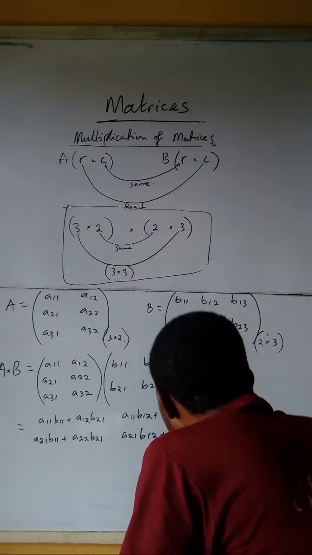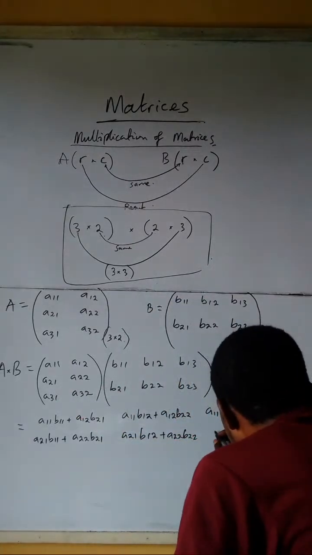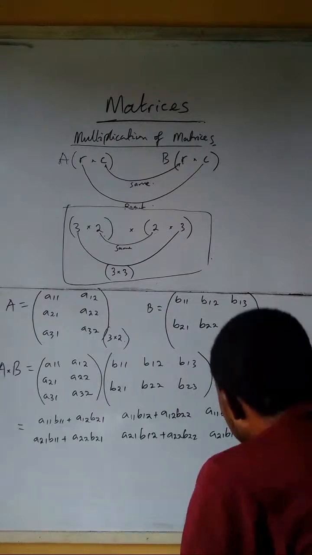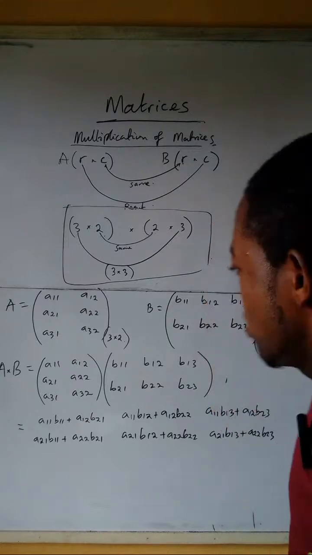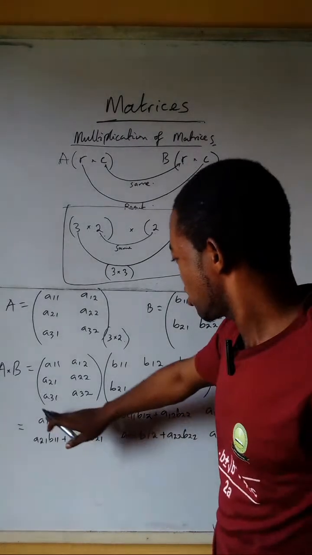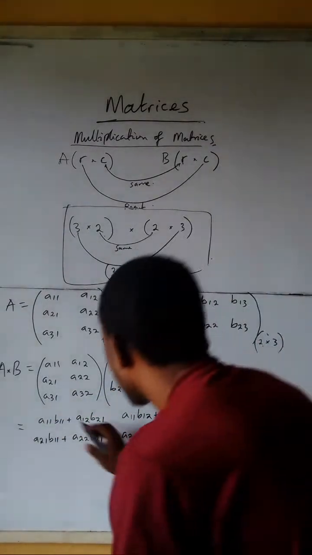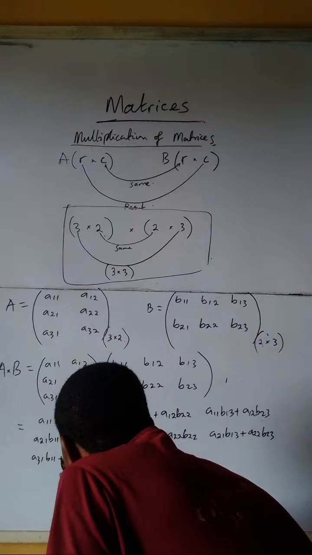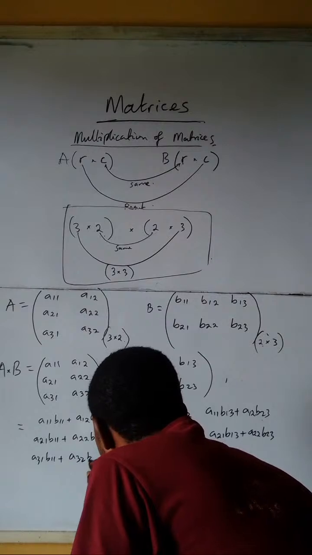Then we use the same rule to deal with the third column. That's A21 times B13, then plus A22 times B23. So now we repeat the same process for the third row and use this for these 3 columns. That is here, A31 times B11, then plus A32 times B21.